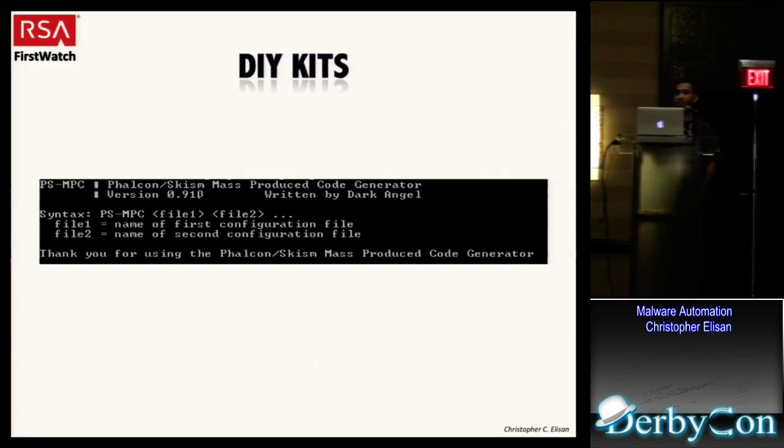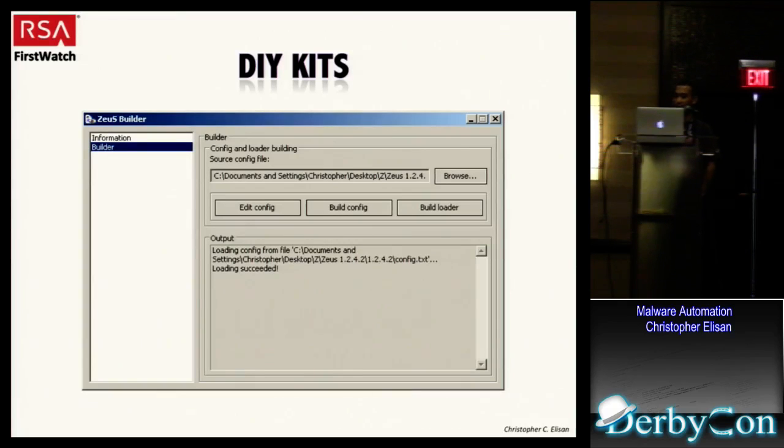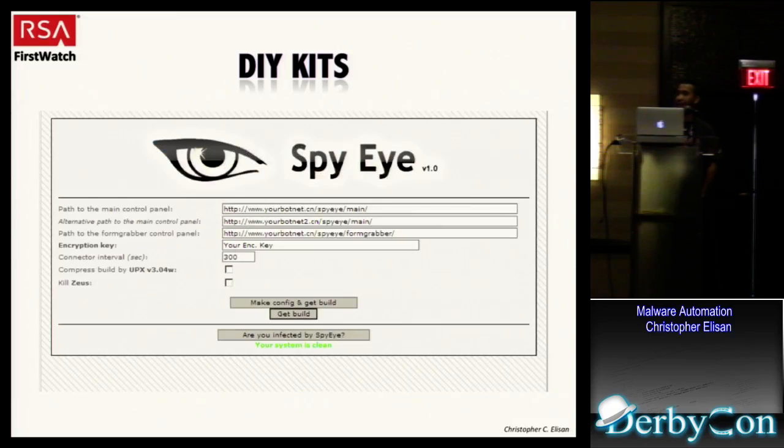Now fast forward 15, 20 years, we get SpyEye, and we get Zeus. Now SpyEye and Zeus, as you can see, are more geared toward cybercrime. They're more geared toward committing crime, getting money from unsuspecting users.